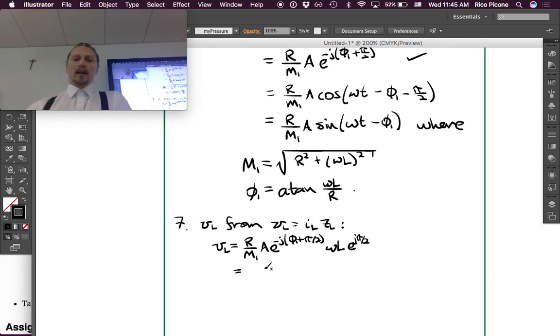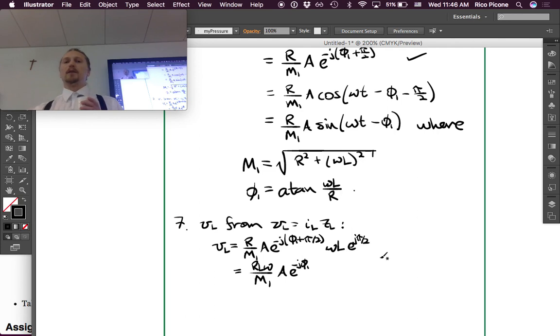And combining them, we get R L omega divided by M1 times A and e to the, what's left over when you add these together? Yeah, the negative j phi1.